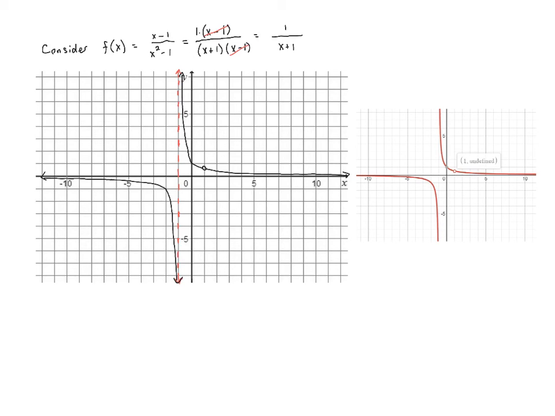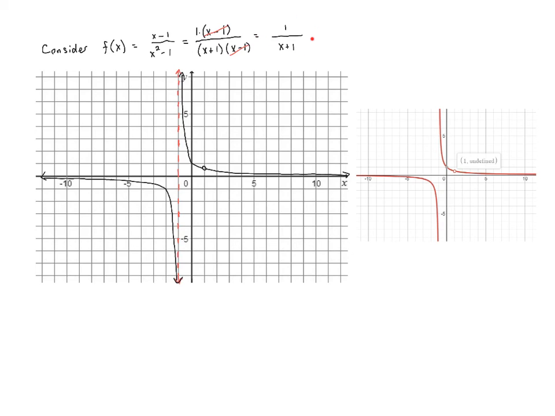In this case, the simplified version is equal to the original version almost everywhere, except when x equals 1, the original function is undefined when the new function is defined. So when we are simplifying functions by canceling something out in the top and bottom, we're not really changing the function for the most part.